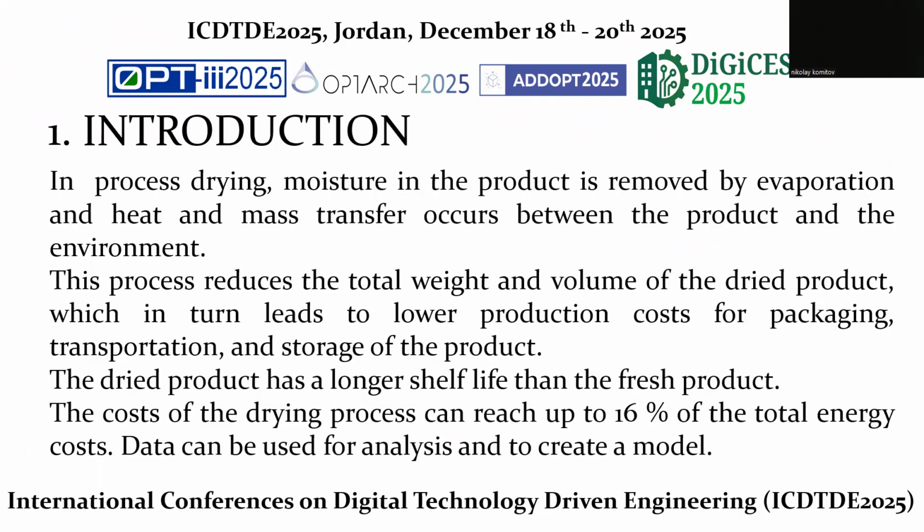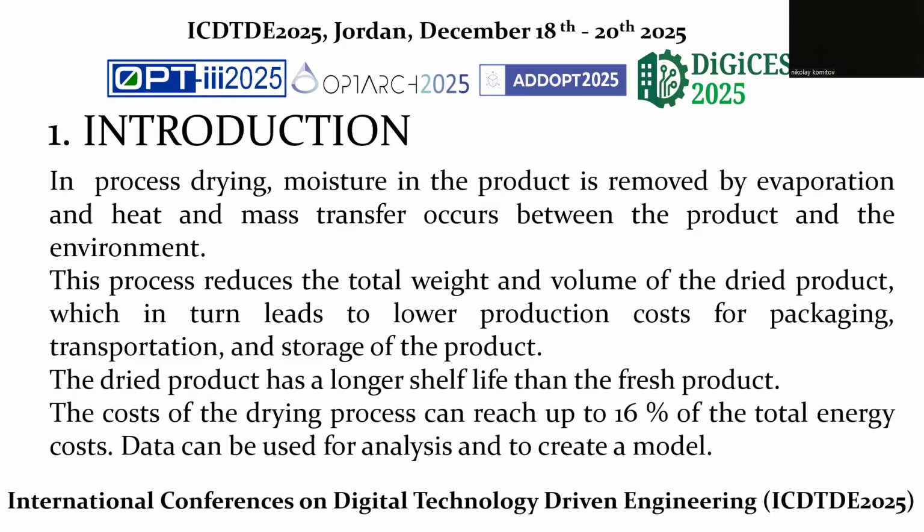Introduction. In the drying process, moisture in the product is removed by evaporation, and heat and mass transfer occurs between the product and the environment. This process reduces the total weight and volume of the dried product, which in turn leads to lower production costs for packaging, transportation, and storage of the product.